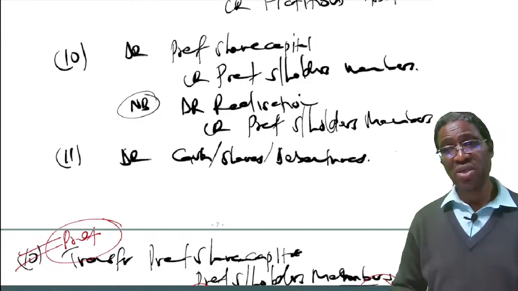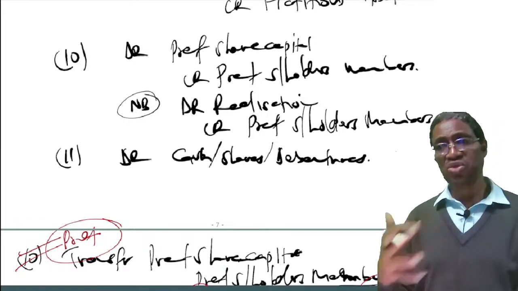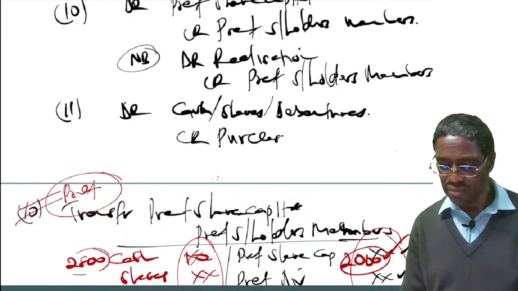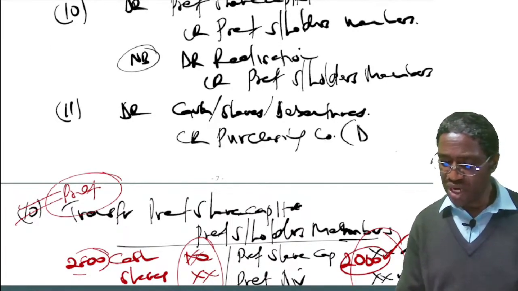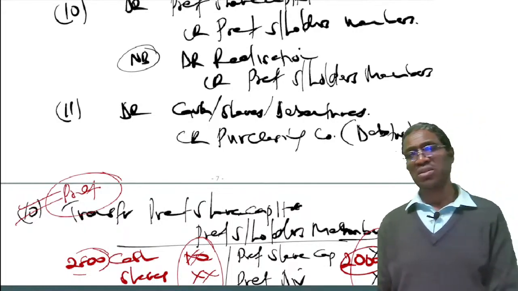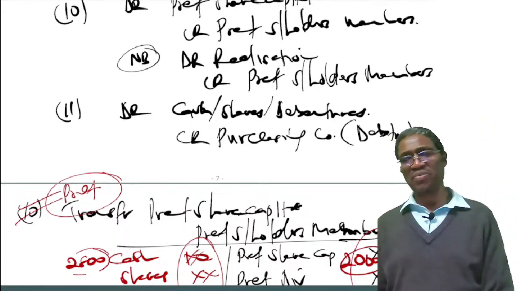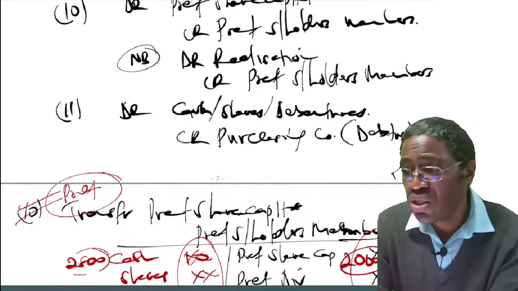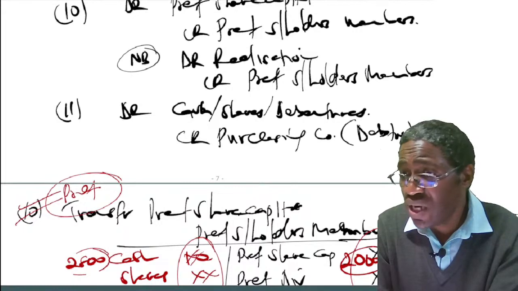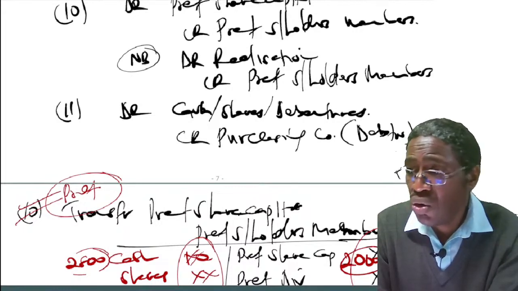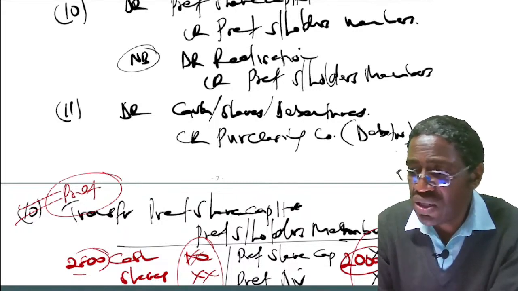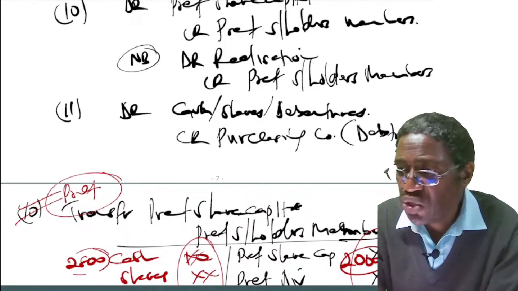Whatever you are receiving, you debit, and you credit purchasing company, put in bracket, data. Remember, now you are receiving from your data, so you credit the data. That's our step number 11. So finish, we want to go to number 12.